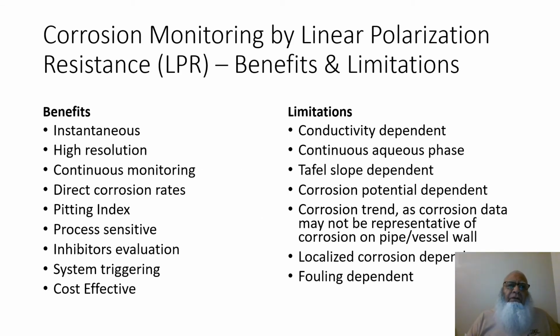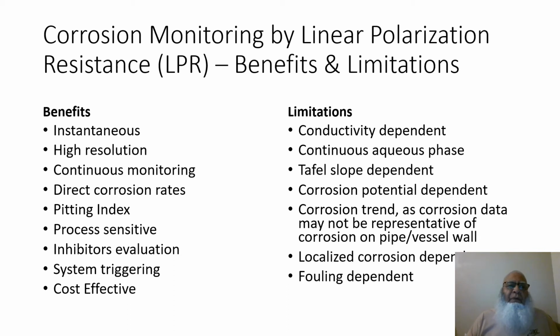This technique shows the linear polarization resistance corrosion monitoring, its benefits and limitations. Benefits: it is an instantaneous technique, which means that it measures the corrosion rates directly without any calculations.